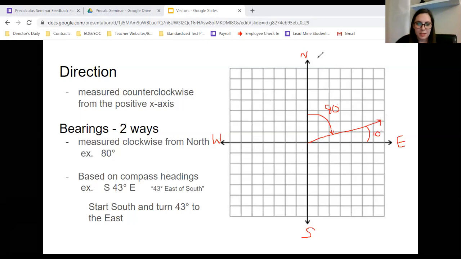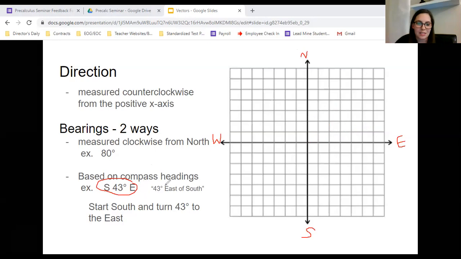Now the other way that we'll see bearing is this weird format right here. And so we have S, 43 degrees, and E. The way that we say that out loud is 43 degrees east of south.